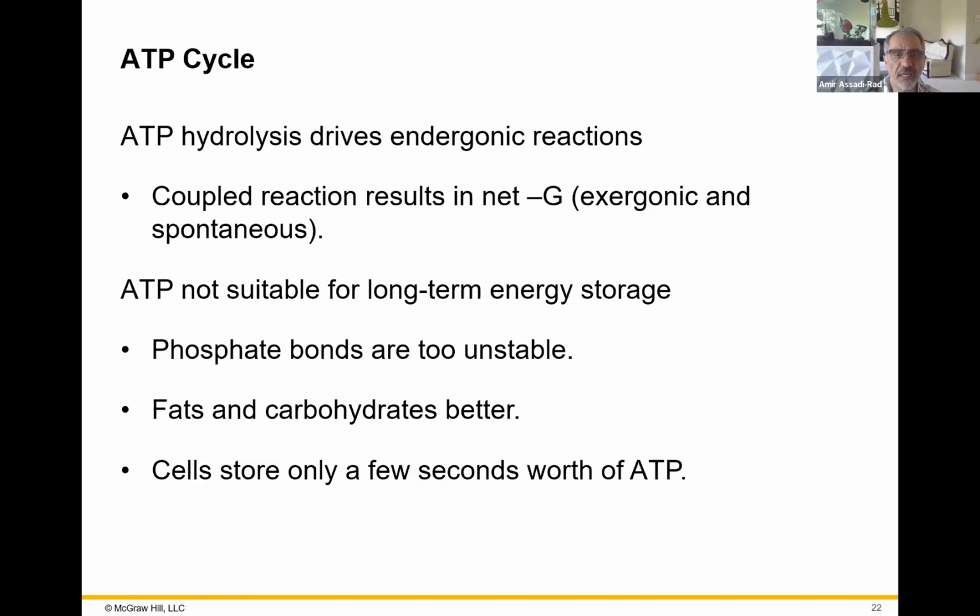So ATP cycle, ATP hydrolysis drives endergonic reaction. We talked about that. Coupled reactions result in net minus delta G, exergonic and spontaneous. As I said, you know, breakdown of ATP to ADP, it is an exergonic reaction.